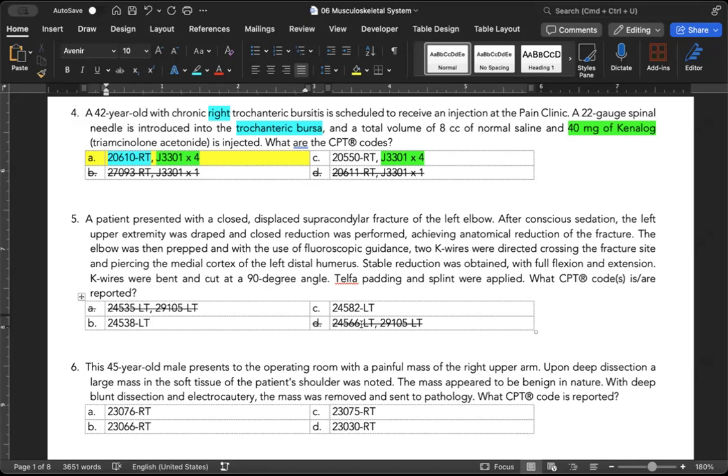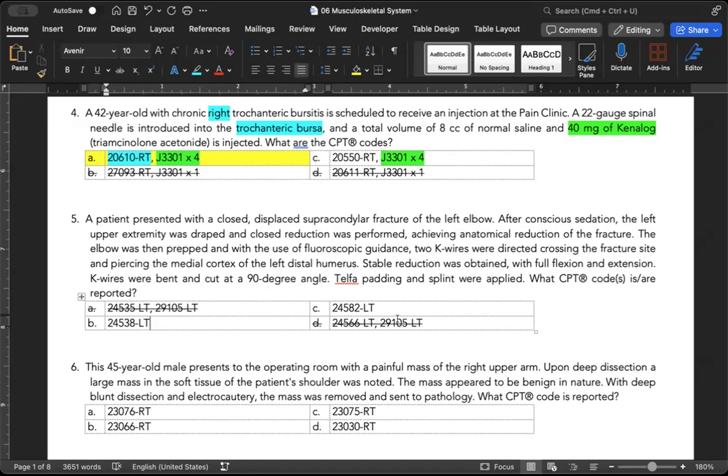So what's making you think it should be the 24582? That's my bad. I know that's the shoulder. You're fine. I know we're talking about the elbow. I had to go back and look at it. I'm sorry, I was jumping ahead too fast. You're good. I know it's easy.